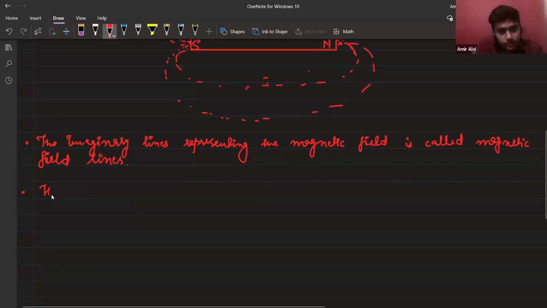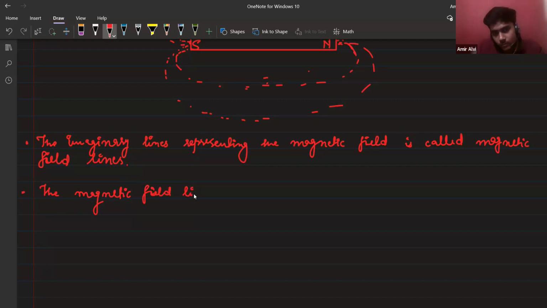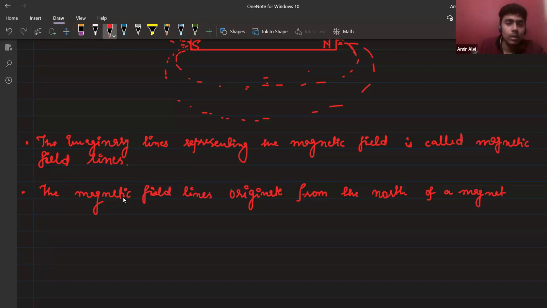Magnetic field lines originate from the North Pole of a magnet and end at its South Pole.